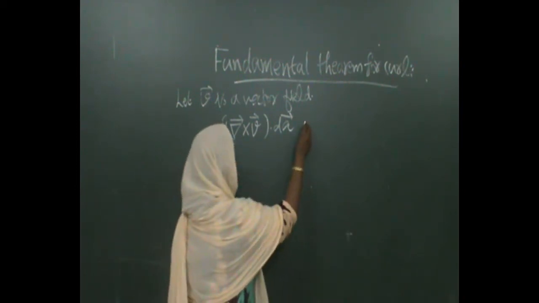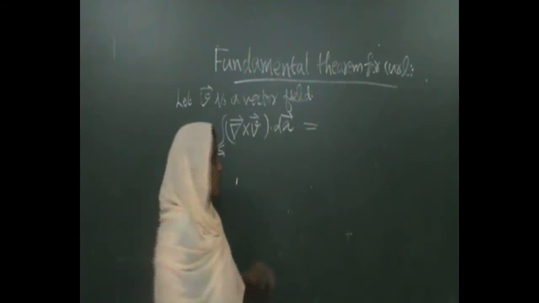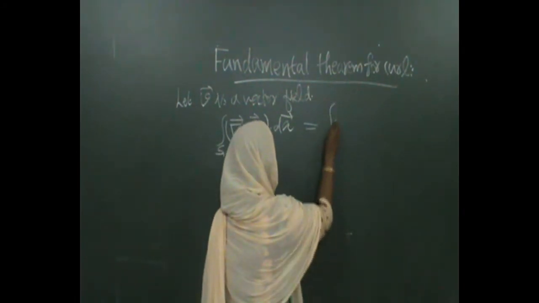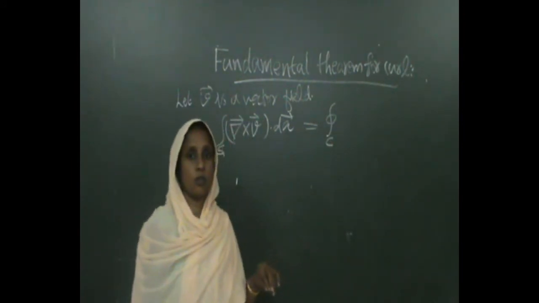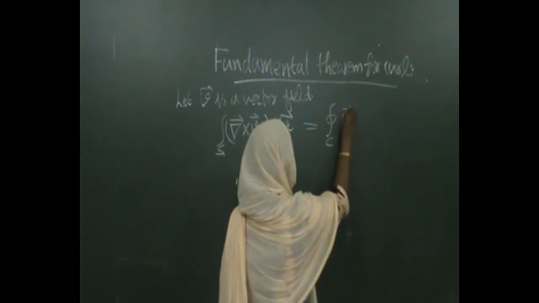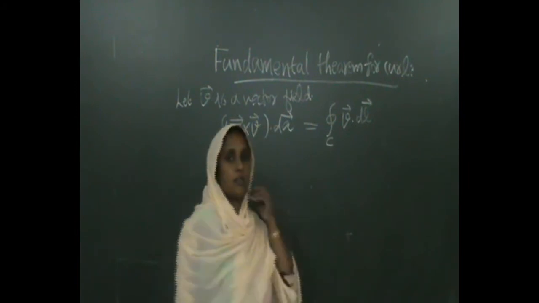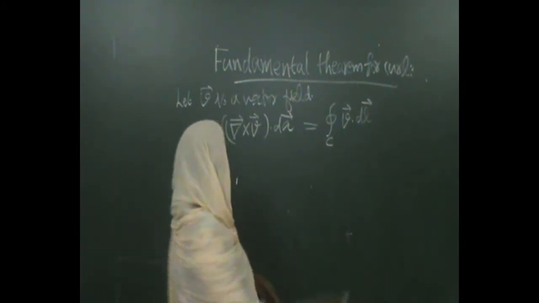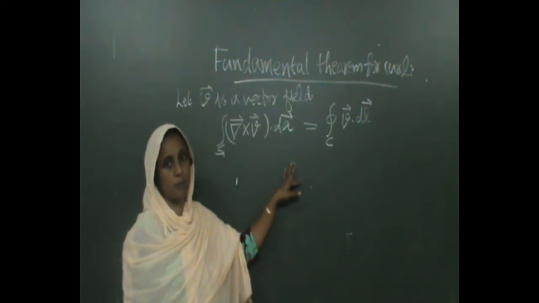This is equal to the integral over the boundary of the surface. The boundary of the surface means it is a closed line integral, closed line integral of V dot dl. This theorem is called the fundamental theorem for curl.